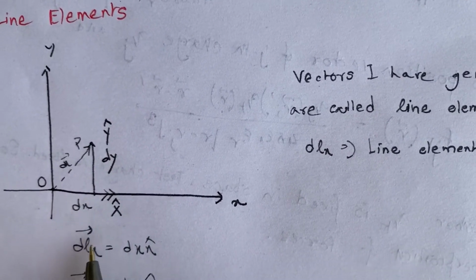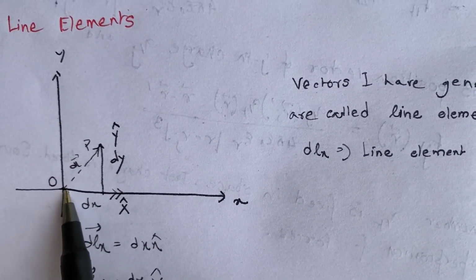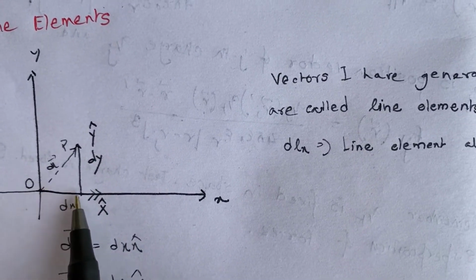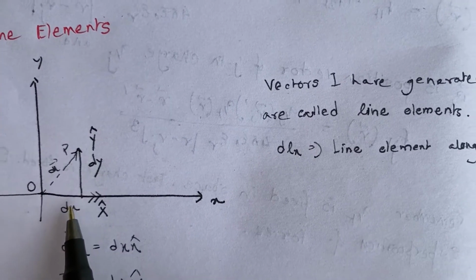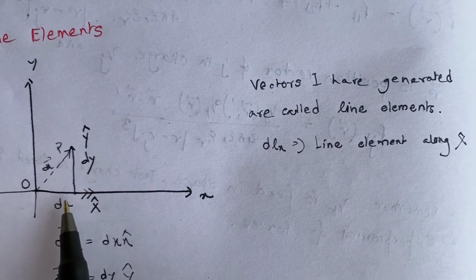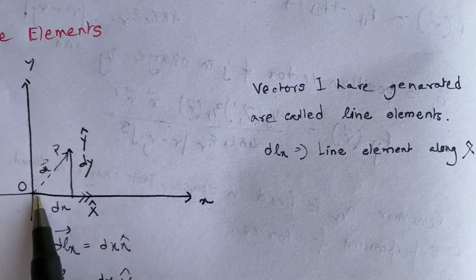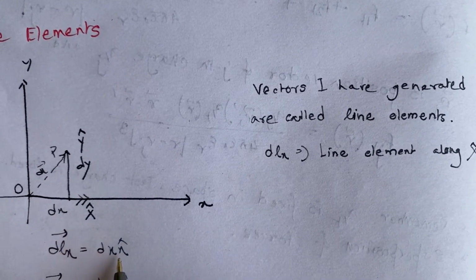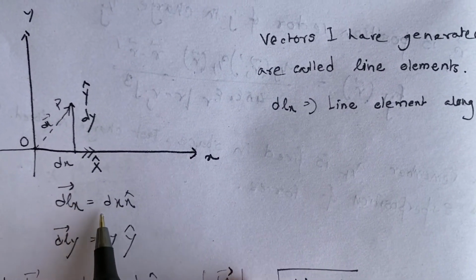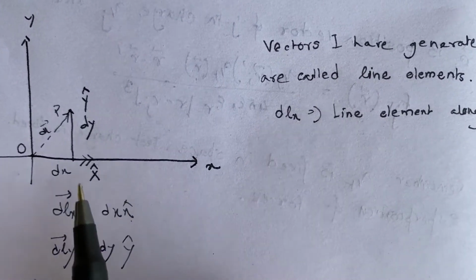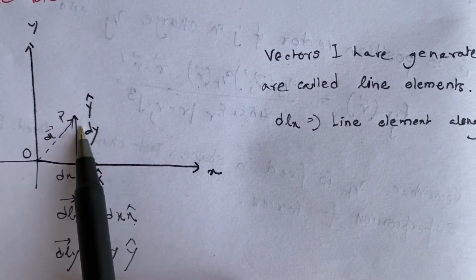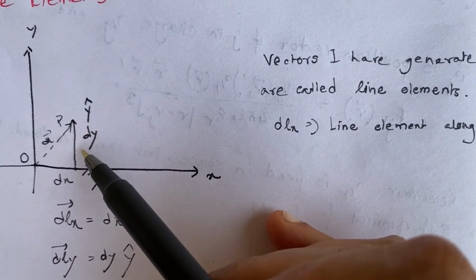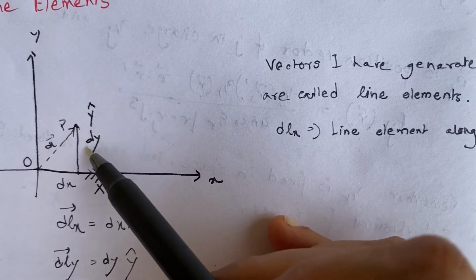If I take this length as dlx, this dlx is the line element along the x direction. So the magnitude of this dlx is dx and it is along the x direction. So the dlx vector must be written as dx times x cap. Similarly, I can go vertically upward and draw a vector whose length is dy.